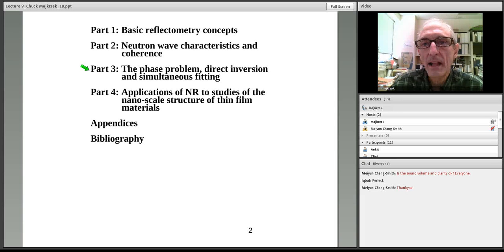Diffraction, how does it relate to real space imaging? In certain circumstances, in fact, there is a direct connection, and we get almost an image directly if we have phase information.